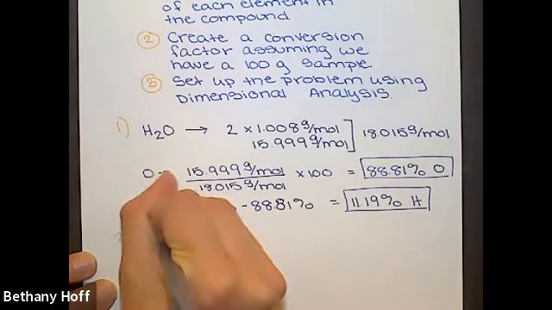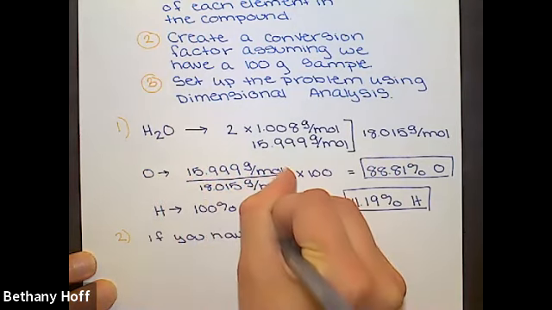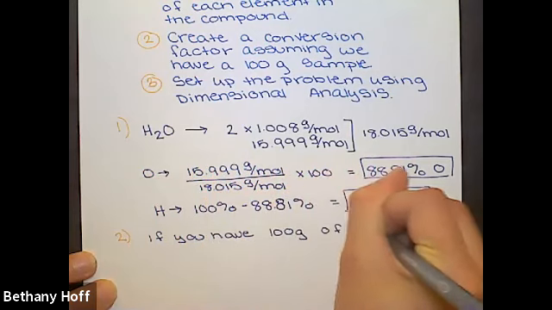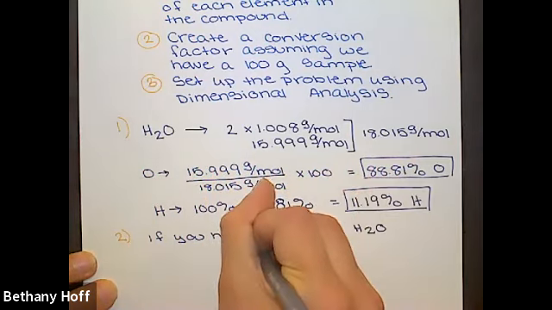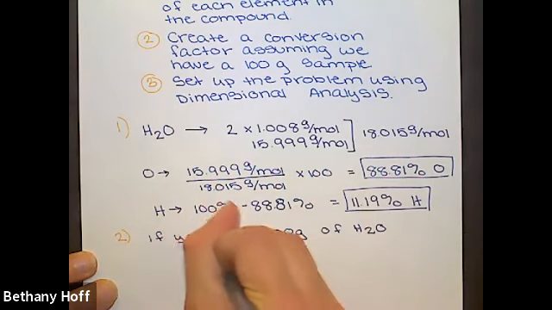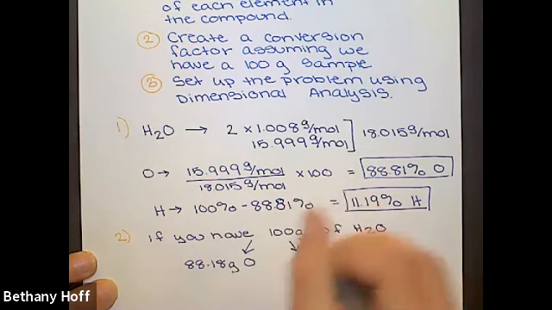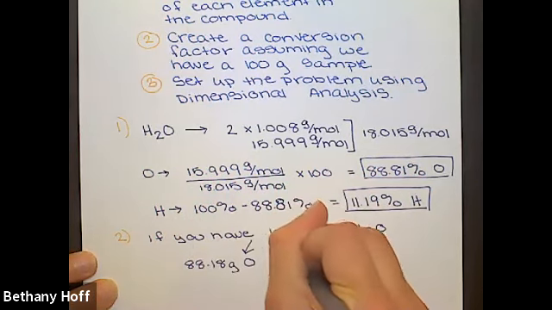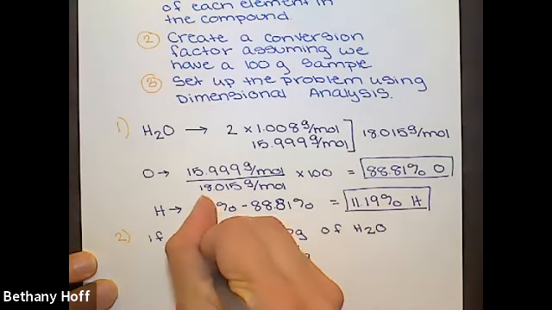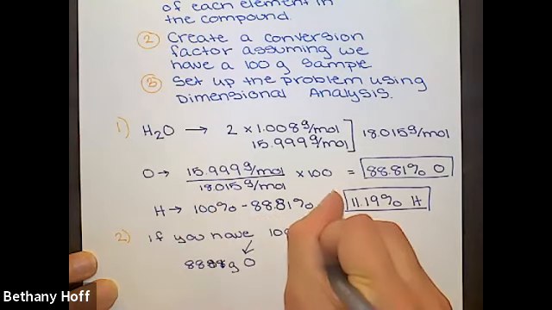If you have 100 grams of water, this tells me, based off of this percentage, that I will have 88.81 grams of oxygen and 11.19 grams of hydrogen.